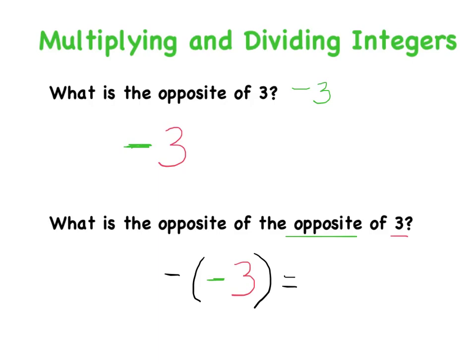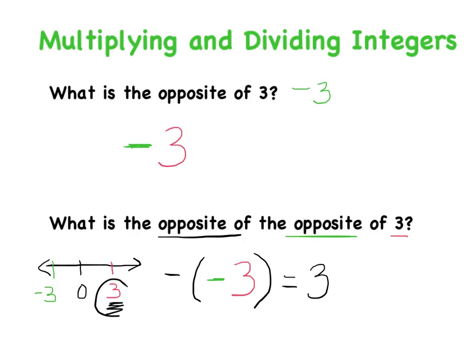And I think in our homework and in class, we decided then that would equal 3. Because if we think about a number line, where I start with 0, if I start with the 3, the opposite of that would then become a negative 3, once again holding with the same colors as before. And then if I take the opposite of that, it's going to be back at 3. So this is going to be important when we start to think about multiplying and dividing integers.